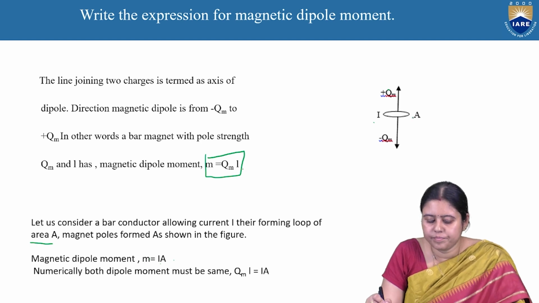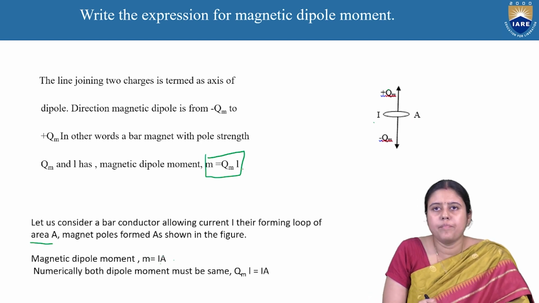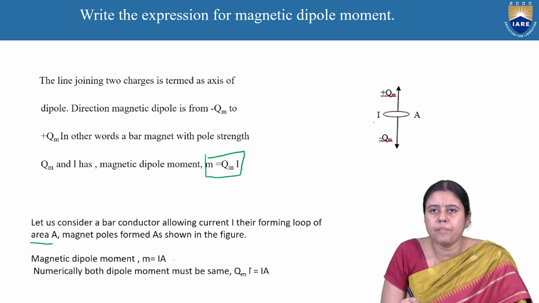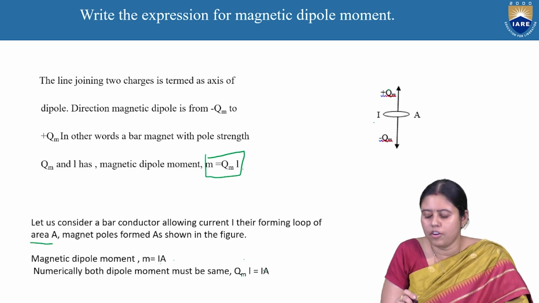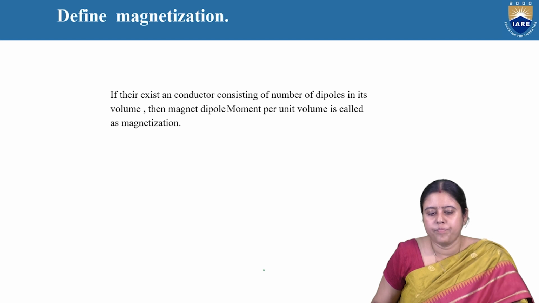The magnetic dipole moment is m equal to I into A, where I is the current and A is the area.